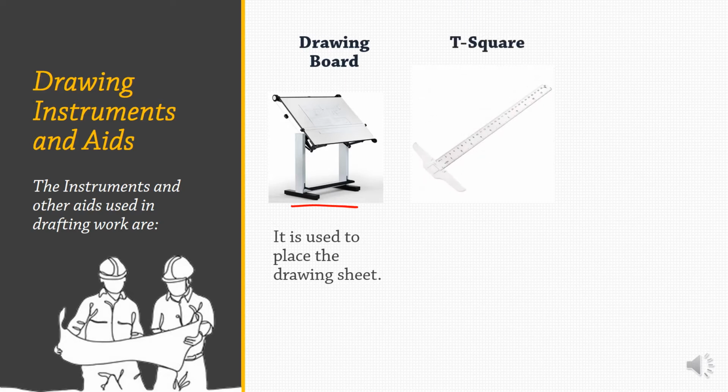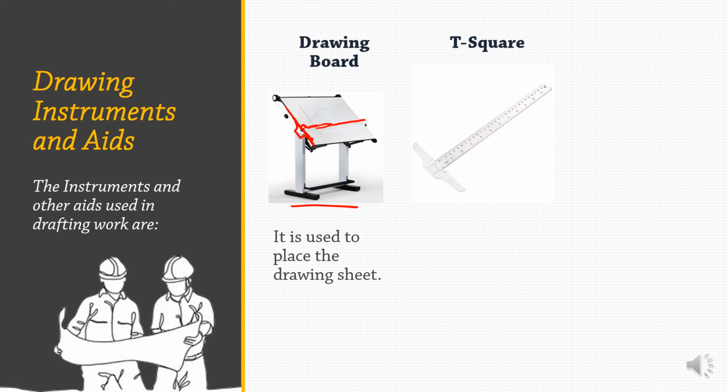Next is the T-square. So yung T-square, you use it sa edge ng drawing board. So say ito yung T-square, nakalagay dito yung T-square. So dapat sa edge na to is firmly attached yung T-square natin para magka-inscribe tayo ng 90 degrees. So meaning perfectly horizontal na line yung magagawa natin dito.